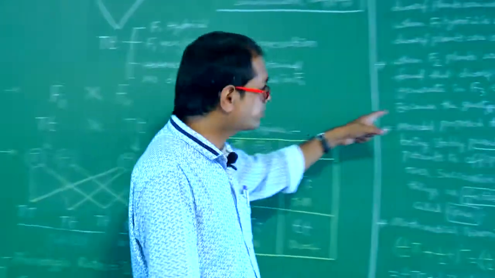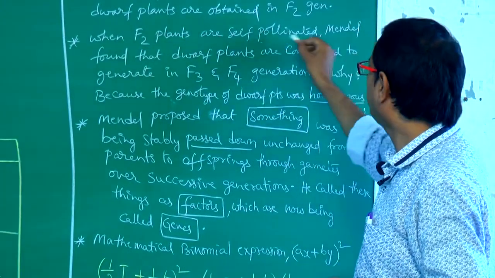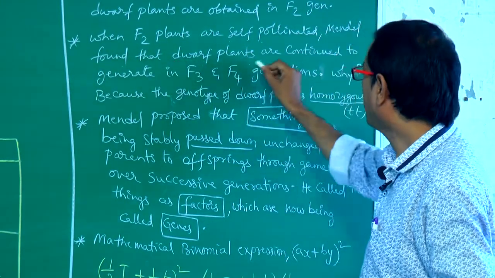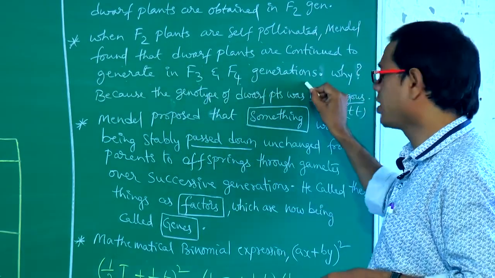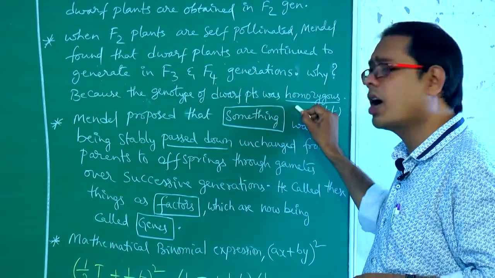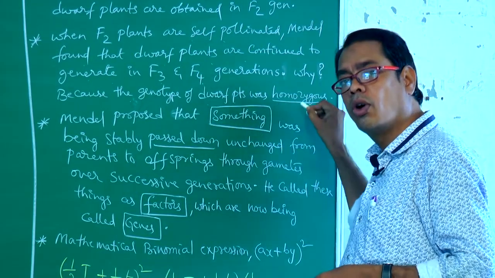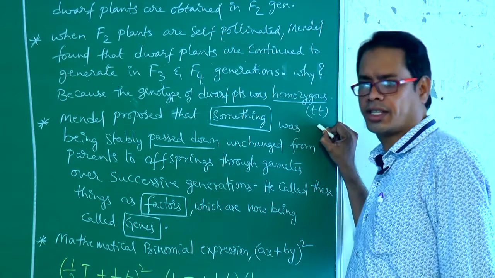See, when F2 plants are self-pollinated, Mendel found that dwarf plants continue to be generated in F3 and F4 generations. Why? Because the genotype of dwarf plants was homozygous, that is small t. That is the reason.